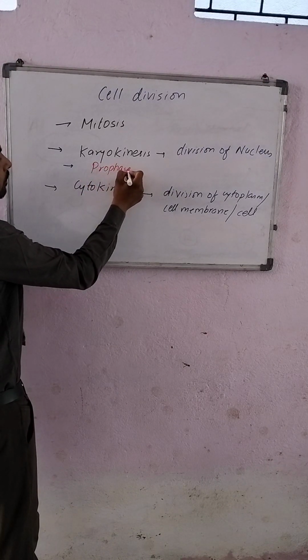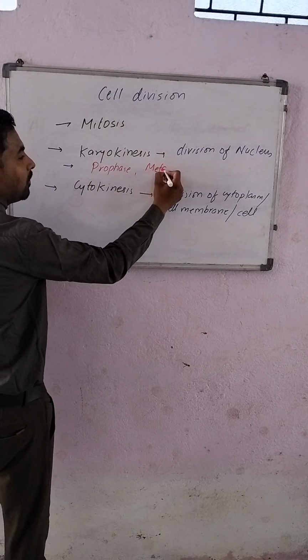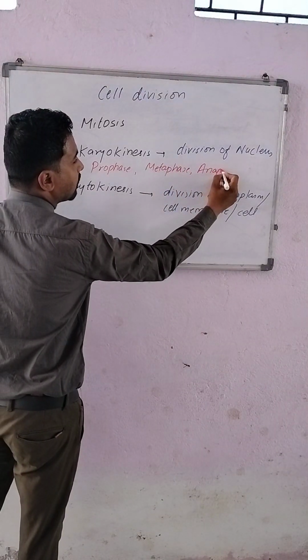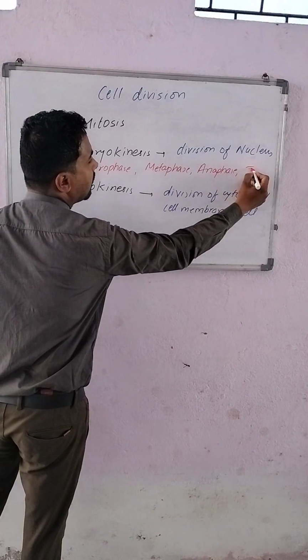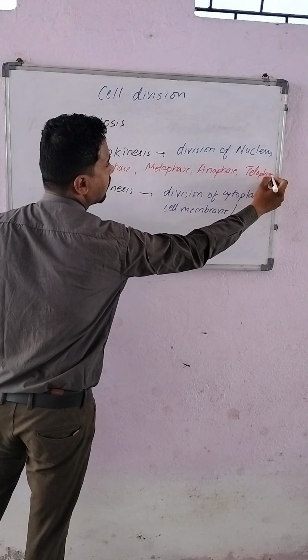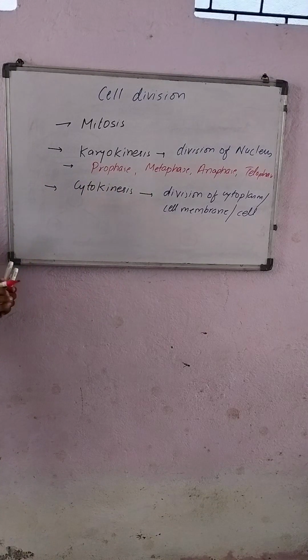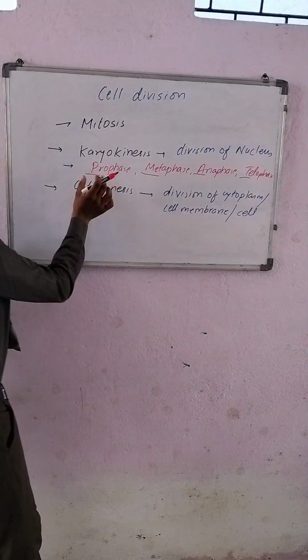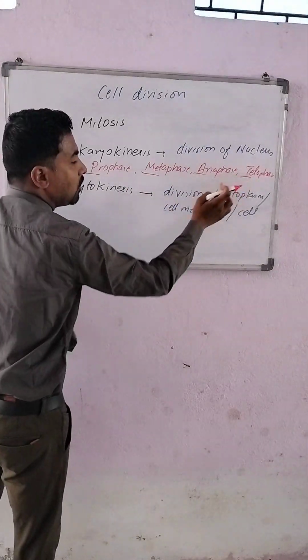Prophase, Metaphase, Anaphase and Telophase. Always remember the sequence PMAT: Prophase, Metaphase, Anaphase, Telophase.